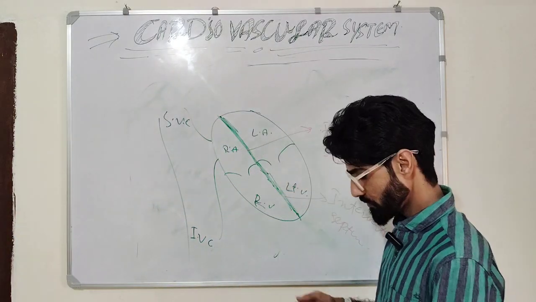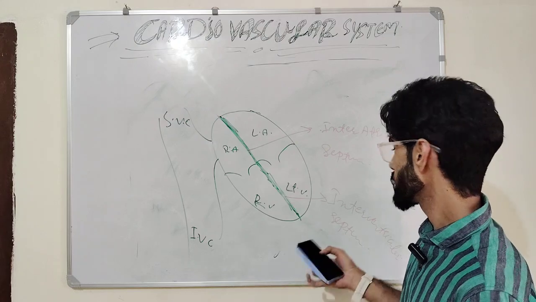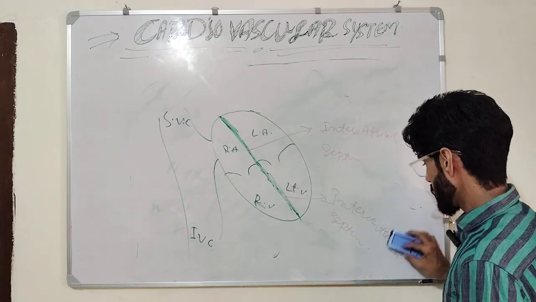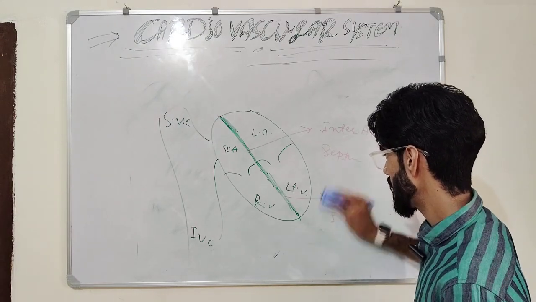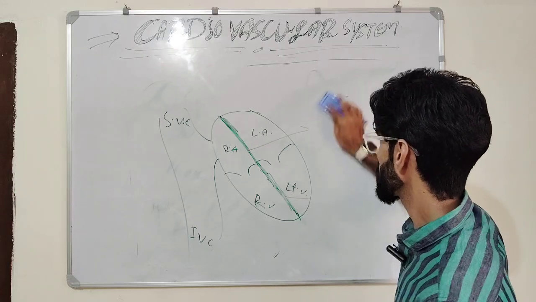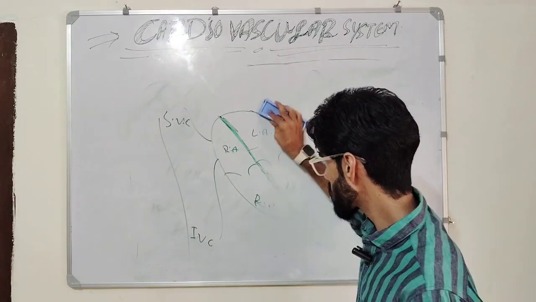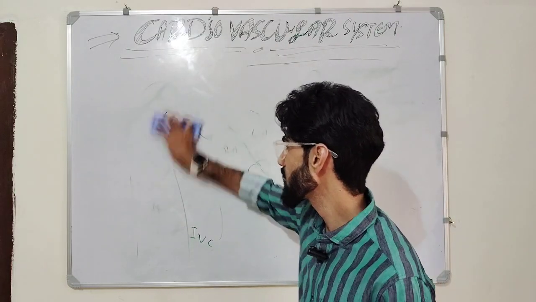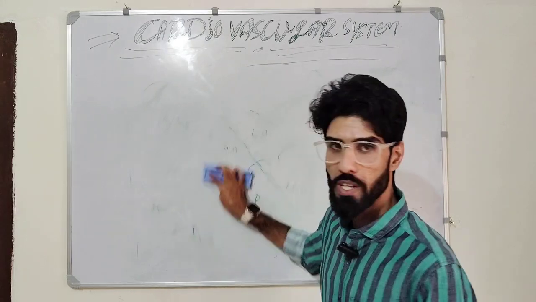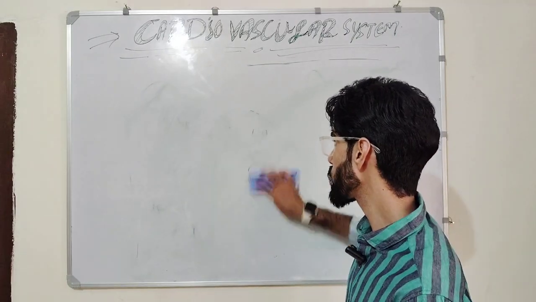Okay, now this was the basic structure. Now we have discussed the chambers, the AV valves and the outflow valves.